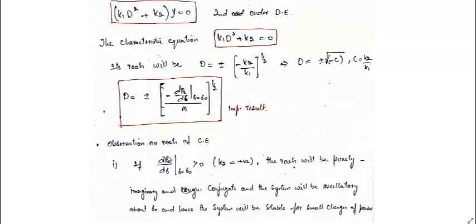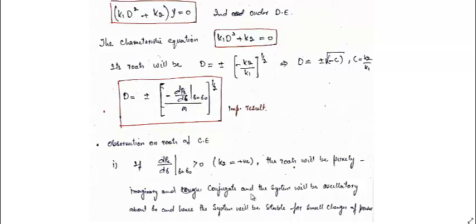For example, if del P by del delta at delta equal to delta naught is greater than 0, this k2 will be positive, and the roots will be purely imaginary, because this will be minus some positive value, that is square root of minus a constant, which is an imaginary number. So purely imaginary and conjugate, one will be plus jc and the other minus jc.